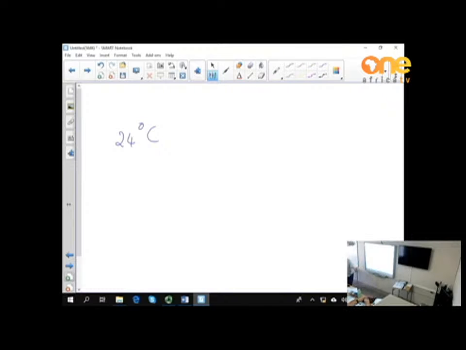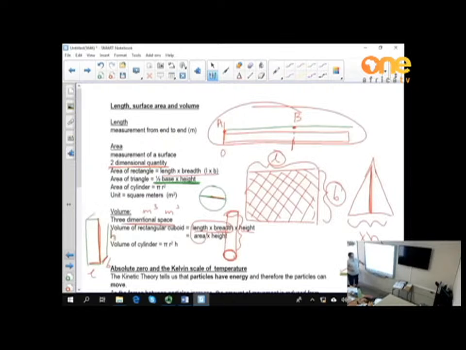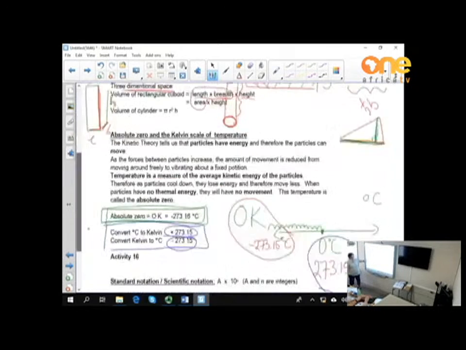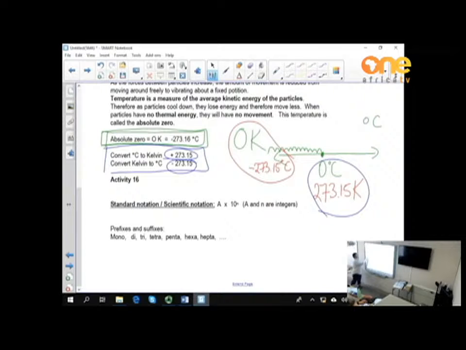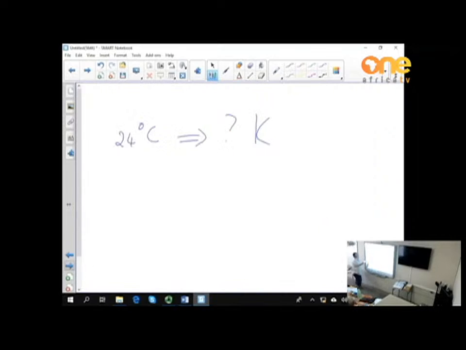What would the Kelvin temperature be? To go from degrees Celsius to Kelvin, we add 273. So 24 plus 273.15 will give me 297.15 Kelvin. Do you follow?